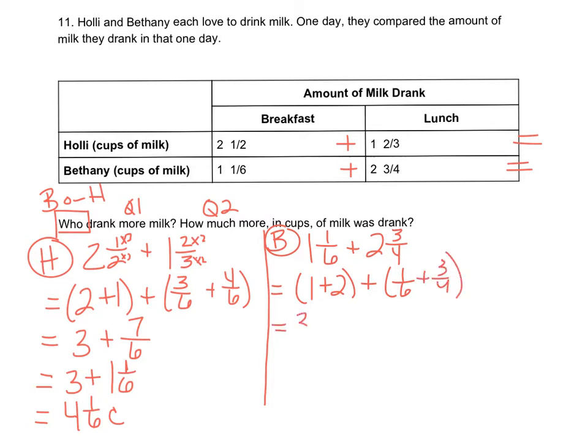So I've got 3 plus, common denominator, I have 6 and I have 4. Well, easy way would be 6 times 4, 24. Not going to do that because then I have to simplify. I'm going to go to 12.